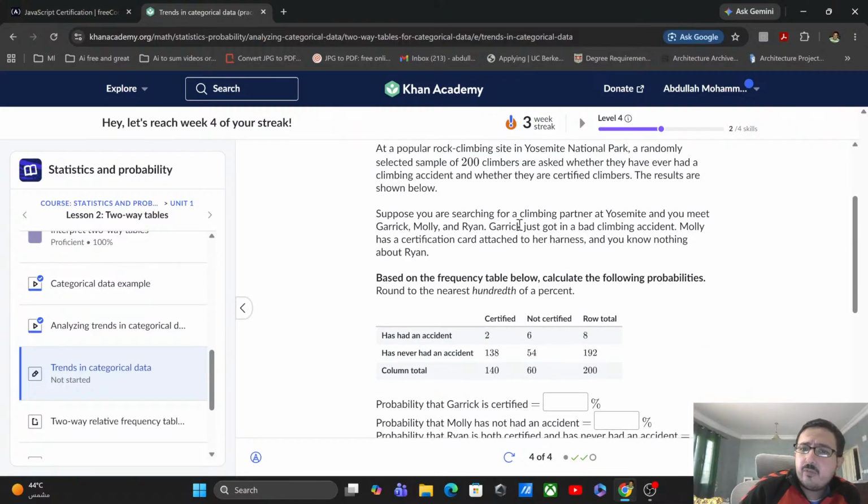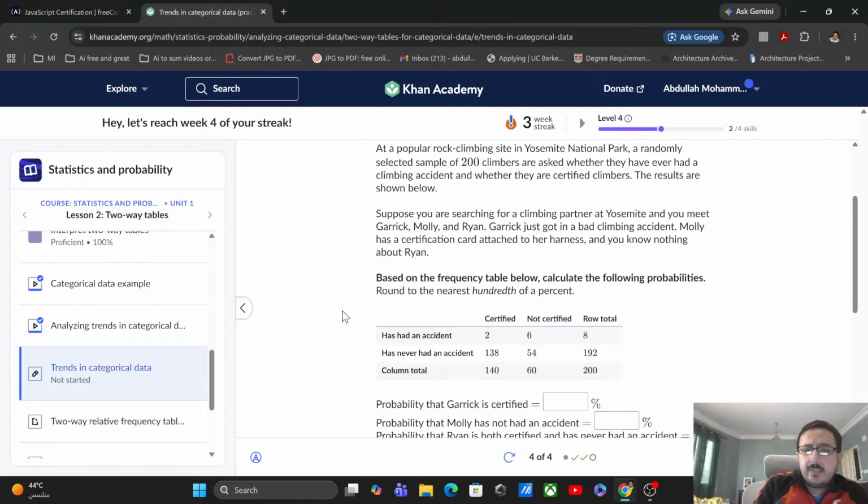Suppose you are searching for a climbing partner at Yosemite and you meet Garrick, Molly, and Ryan. Garrick just got in a bad climbing accident. Molly has a certification card attached to her harness, and you know nothing about Ryan. Based on the frequency table below, calculate the following probabilities, rounded to the nearest hundredth of a percent.